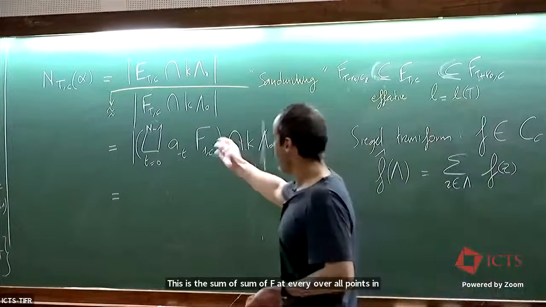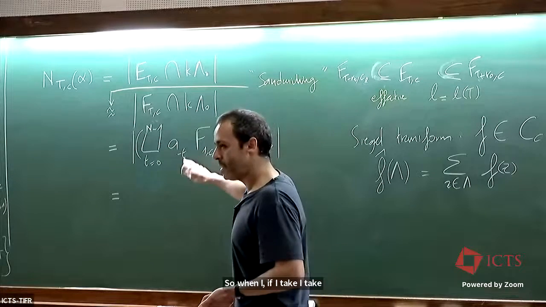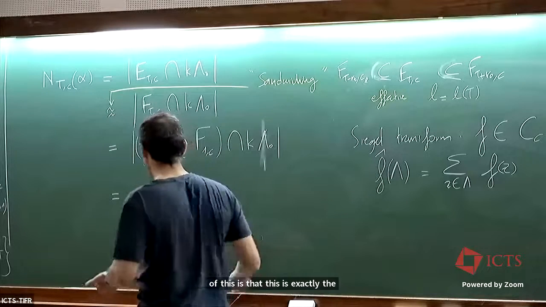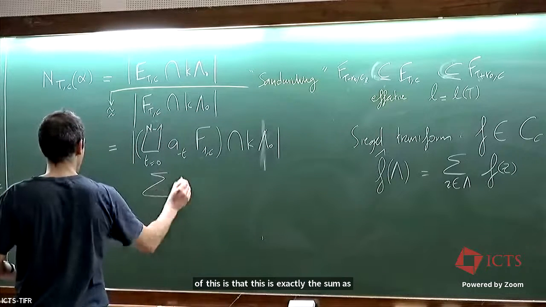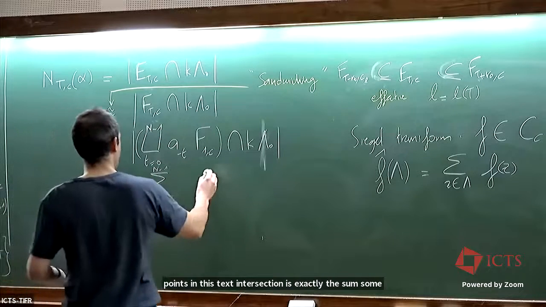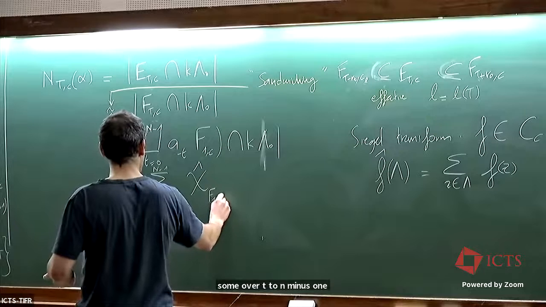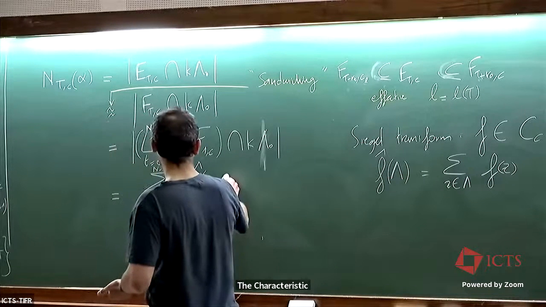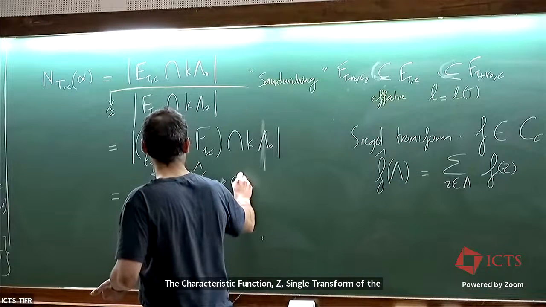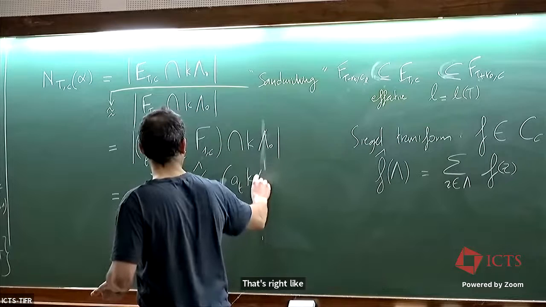If I take the characteristic function of this set, counting points in this intersection is exactly the sum over t from 0 to n minus 1 of the Siegel transform of the characteristic function of this set at K lambda naught.